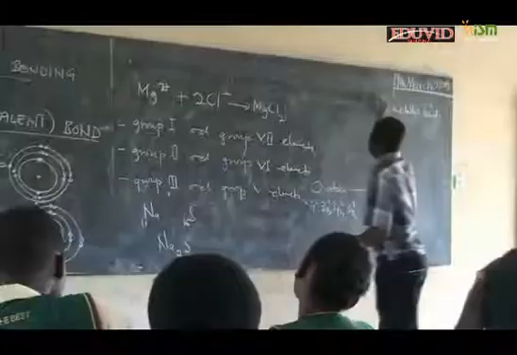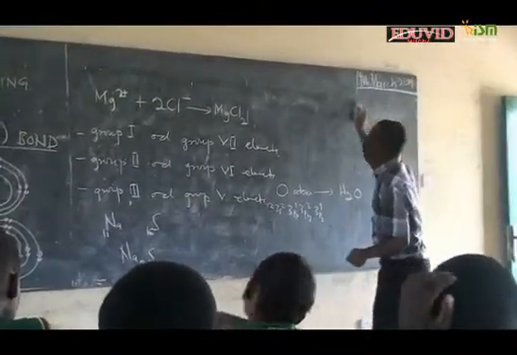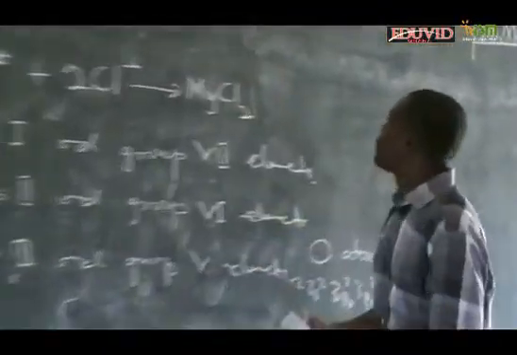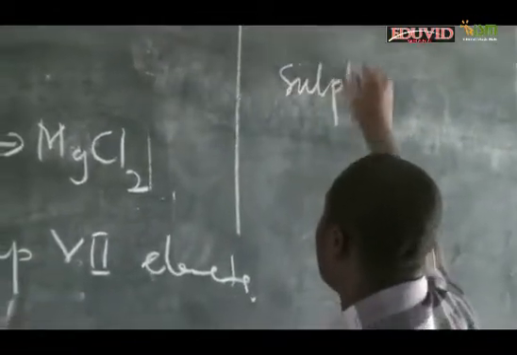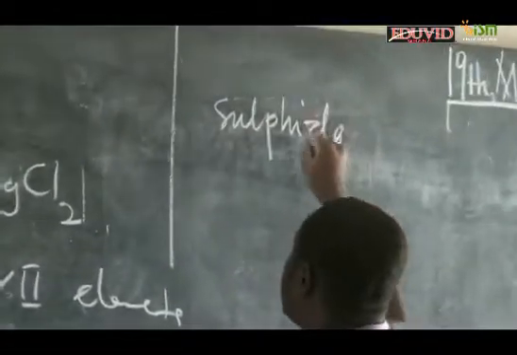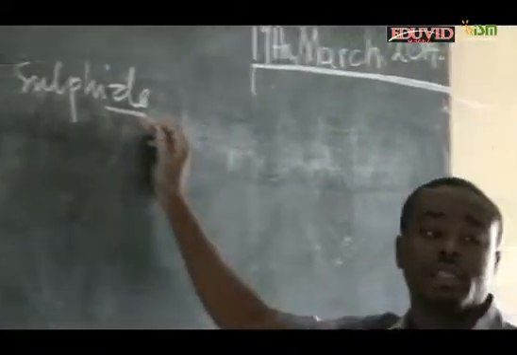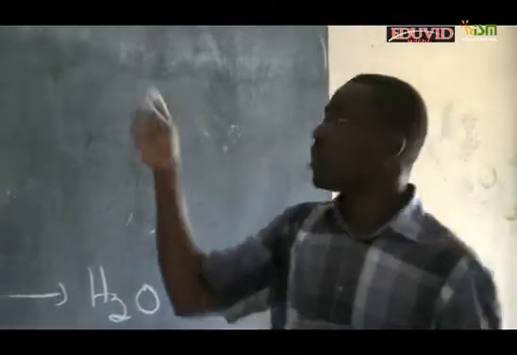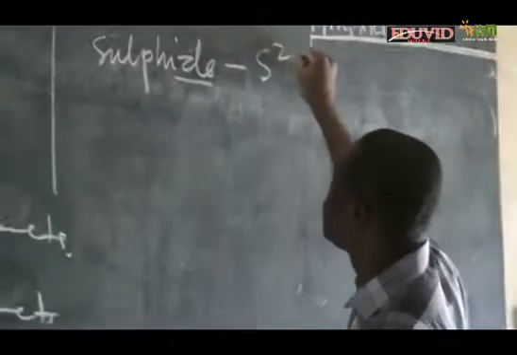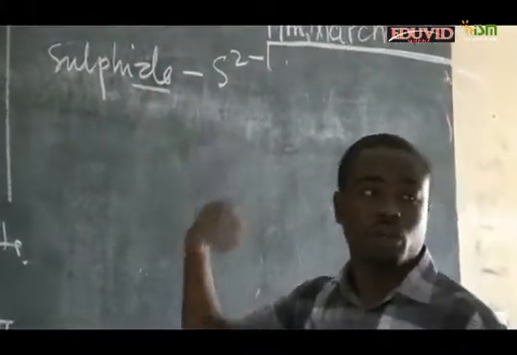What's the difference between a sulfate and a sulfide? A sulfide is formed when a species gains electrons, which forms the electronegative species. So a sulfide should be S2 minus, because it's the one gaining the two electrons from the other species.